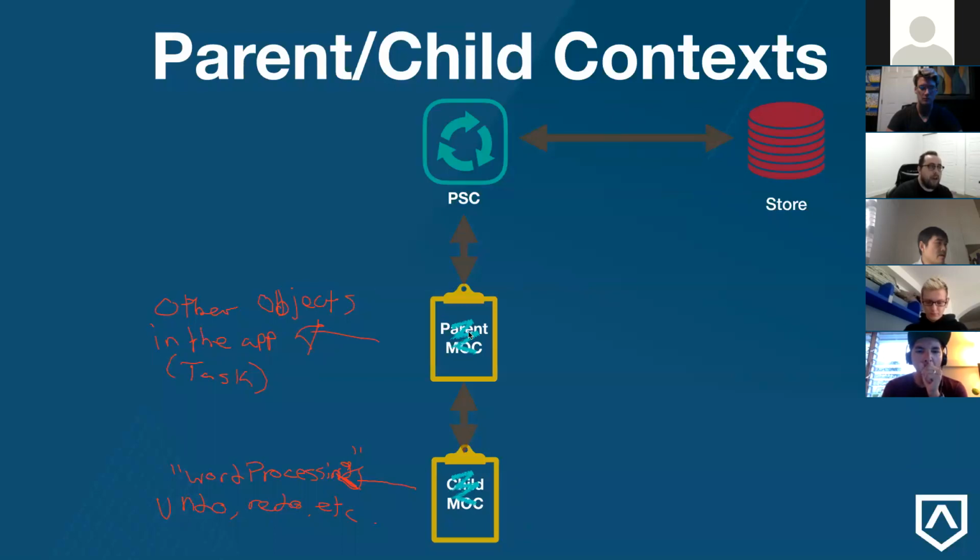If the parent is the persistent store coordinator, then it will coordinate and throw it in the persistent store. But if it's just another parent managed object context, then those changes just get thrown up there. And so maybe the parent managed object context also makes some changes, and then those changes go up to the persistent store when we call save on that parent context. And then those actually get thrown into the persistent store.